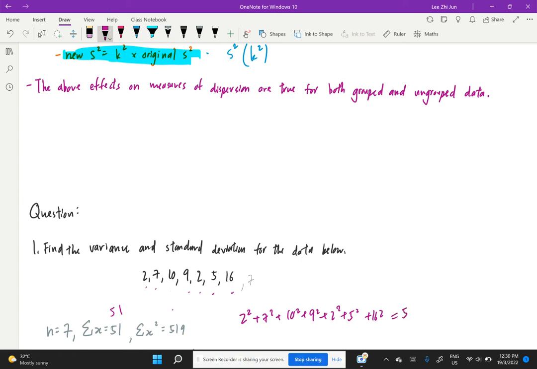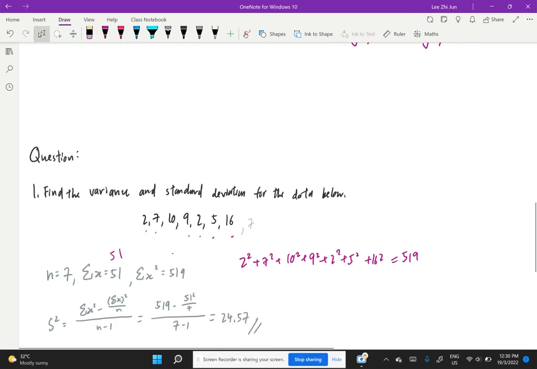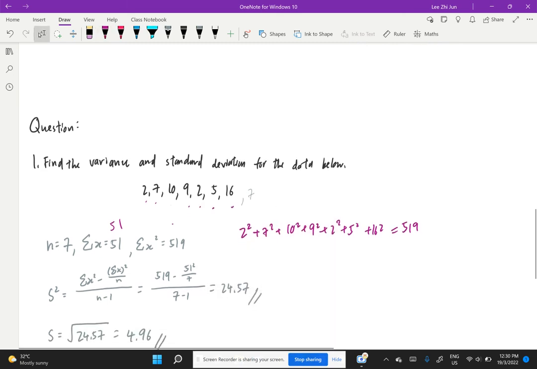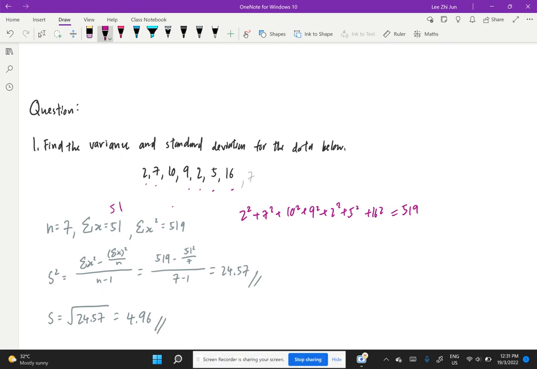All of them you will get 519. For the variance, you use 519 minus 51 squared divided by 7, and then divide by 6. So we'll get 24.57, and the standard deviation you just square root it, so you get 4.96. So here's the answer.